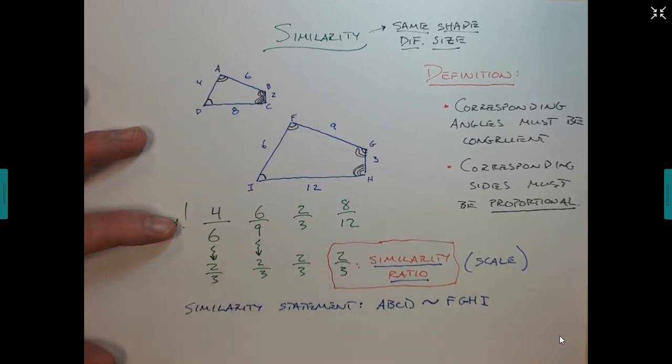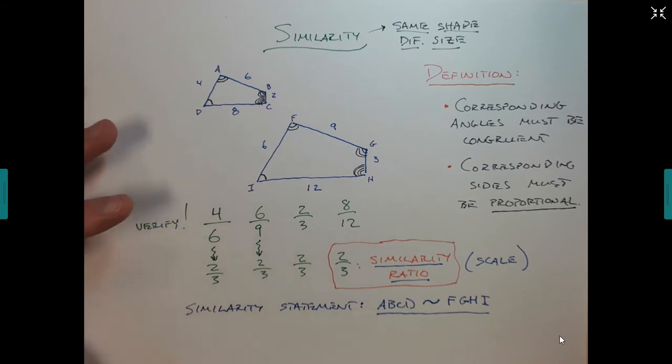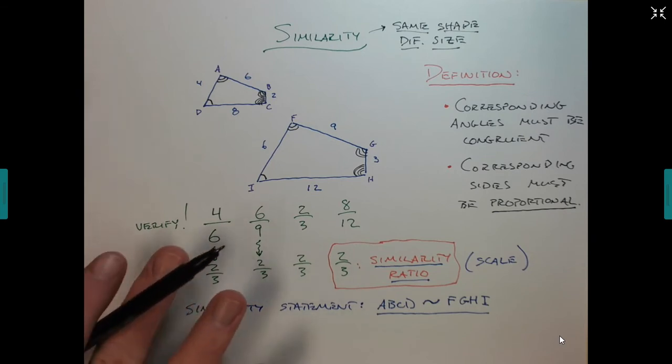And the similarity statement sometimes helps me identify and make sure I understand which pieces correspond so that I can set my problem up correctly. All very, very important basics here. Now, we take this into a pretty confusing situation.